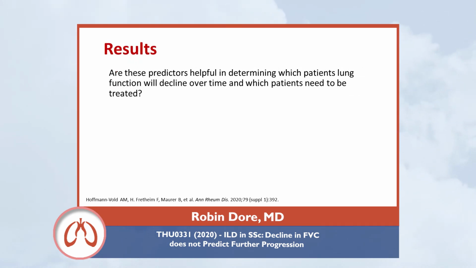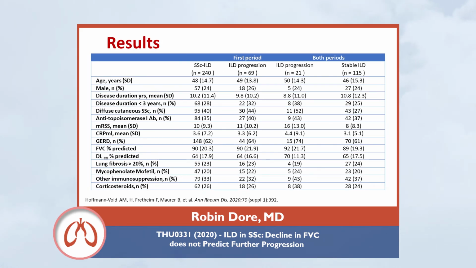So what was looked at was whether there are certain predictors that are helpful in determining which patient's lung function is going to decline over time, and therefore which patients would need to be treated. There were things like scleroderma antibodies, the duration of their disease, their baseline forced vital capacity, the extent of their pulmonary fibrosis, CRP, if they had GERD, tendon friction rub, and O2 desaturation.